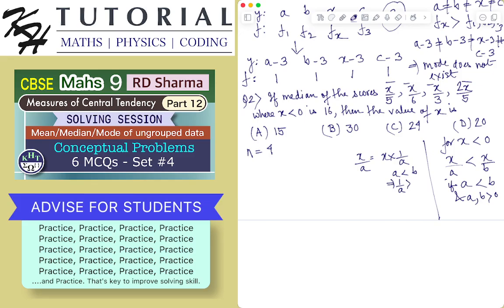That is, 1 by a will be greater than 1 by b, and both are positive. Then x multiplied by 1 by a is less than x multiplied by 1 by b, where x is negative. The numerical value of x by a is more than the numerical value of x by b, but since x is negative, this will be less than this.